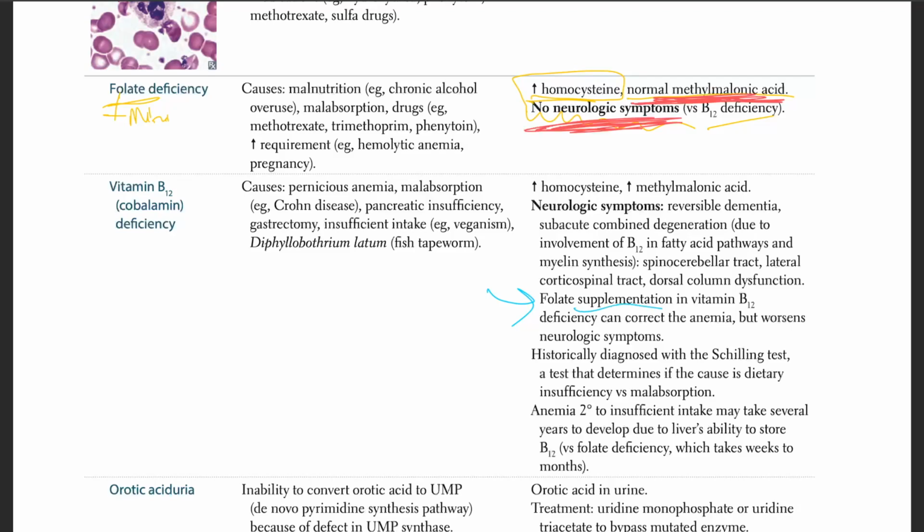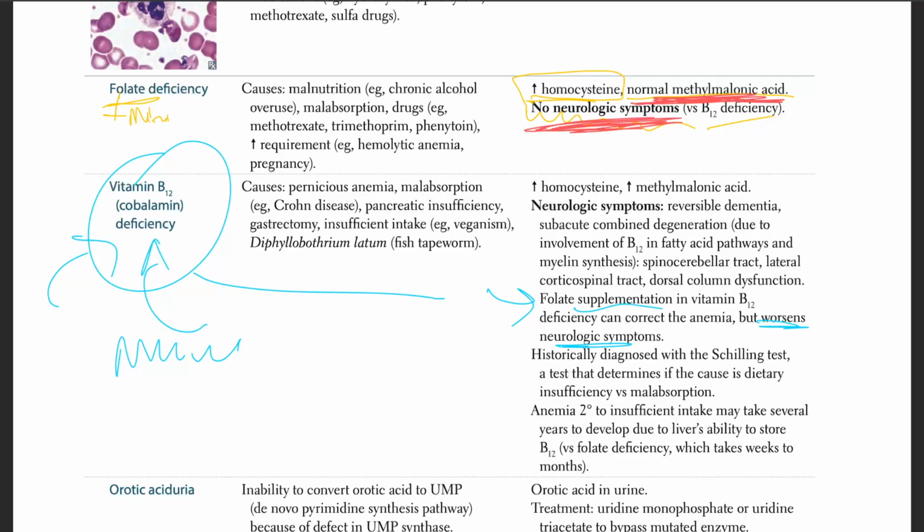Folate supplementation. You have a vitamin B12 deficiency and you're like, oh wow, let's just give them folate. Guess what? You're worsening the neurological symptoms. You have a multivitamin and you have folate in there. Somebody has vitamin B12 deficiency and you give a multivitamin which also has folate. Well, you're worsening the neurological symptoms.